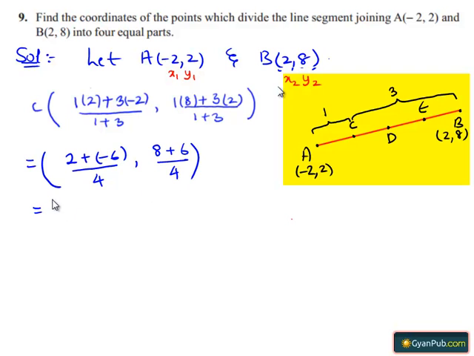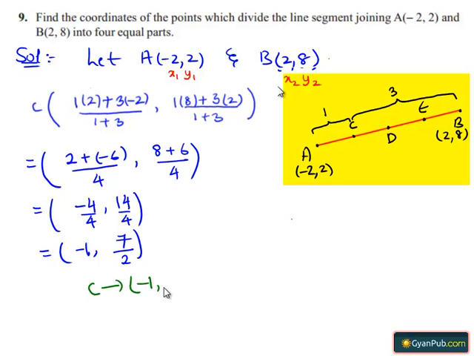That is equal to 2 plus -6 is -4 whole divided by 4, and 8 plus 6 is 14 whole divided by 4, which is nothing but 4 goes in -4 -1 times. Here 2 is a common factor for both numerator and denominator, so 2 goes in 4 2 times, and 2 goes in 14 7 times. Hence, the coordinates of the point C will be (-1, 7/2).